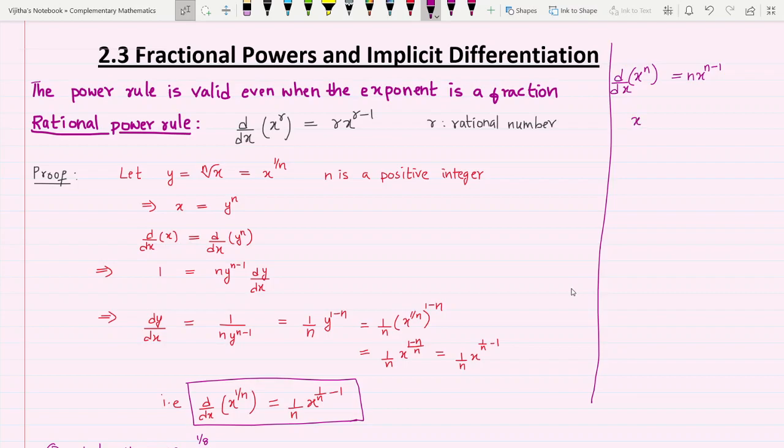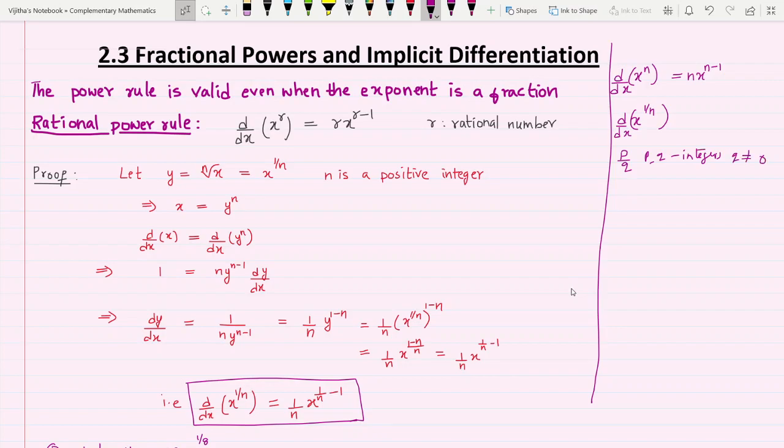Suppose we have x raised to 1 by n and we have to find its derivative with respect to x. This is called the power rule. This power rule is valid even when the exponent is a fraction. Fraction means the numbers are of the form p by q, where p and q are integers and q is not equal to 0.